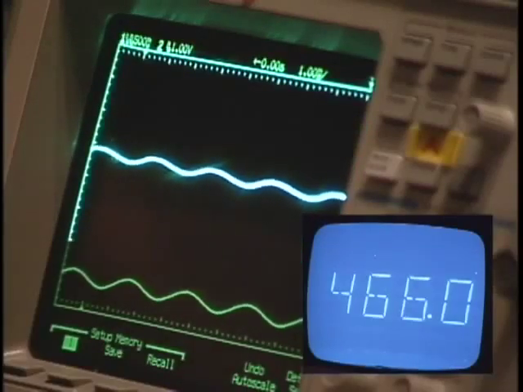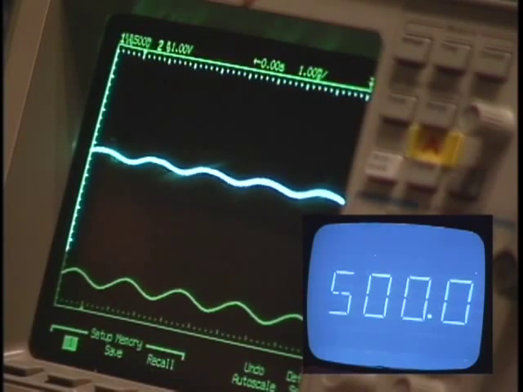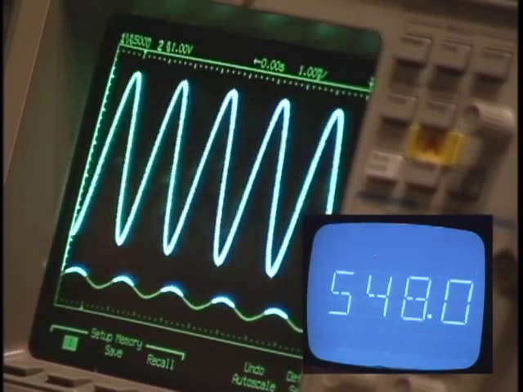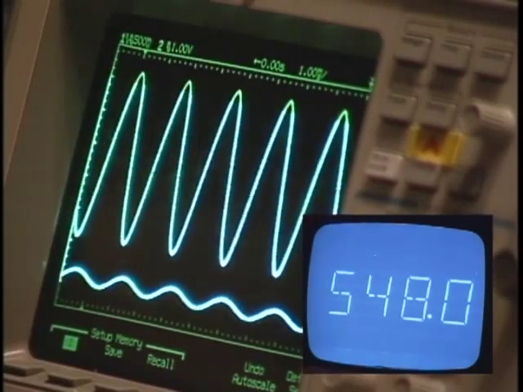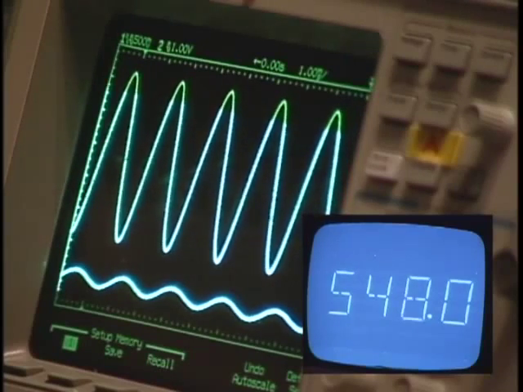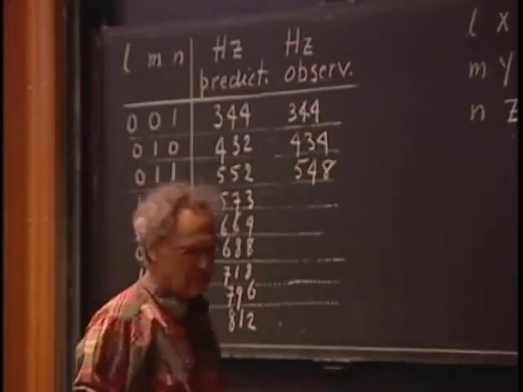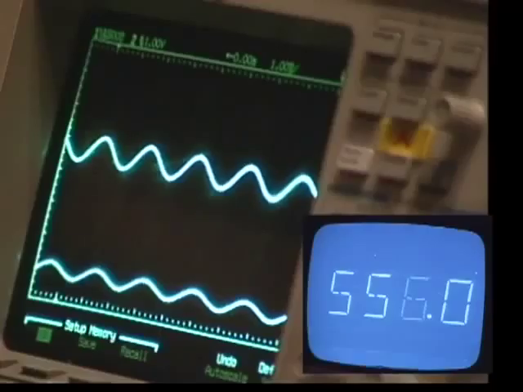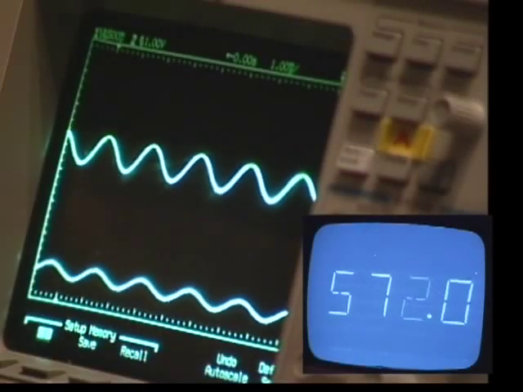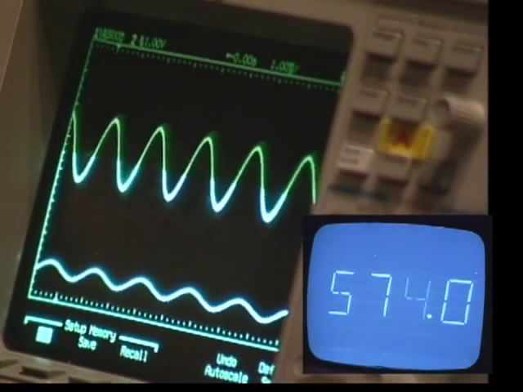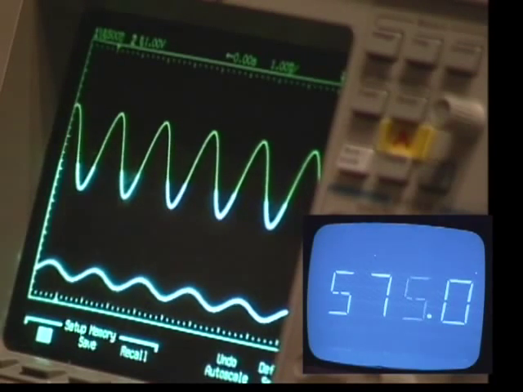The next one, we have 552. 548, less than 1% off. The next one. 575.